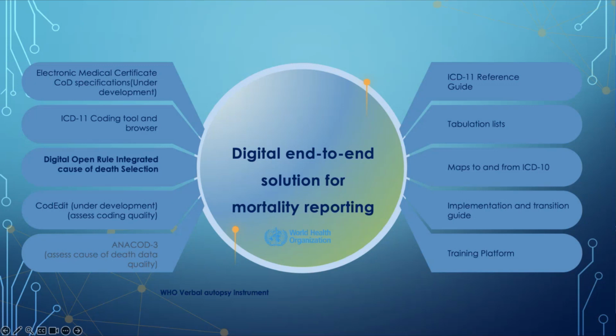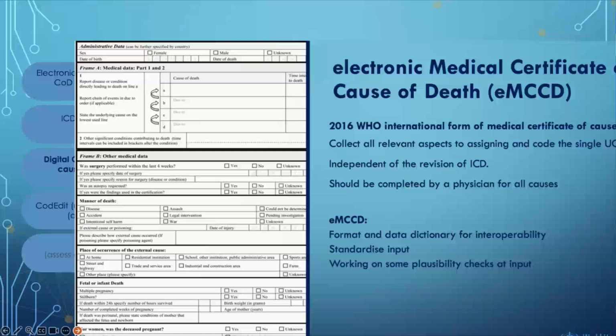We also have two other tools, CodEdit and ANACoD3, that are for quality assurance and for analyzing cause of death data. We also have a lot of reference materials on the right hand side of my screen that also help in the transition to 11, and also in training, moving from 10 to 11, with tabulation lists, mortality, morbidity, and of course the reference guide.